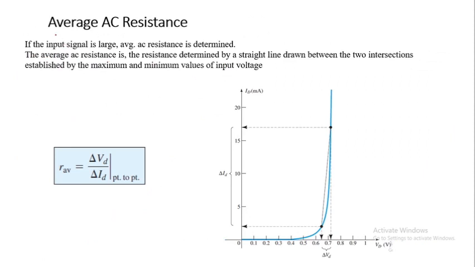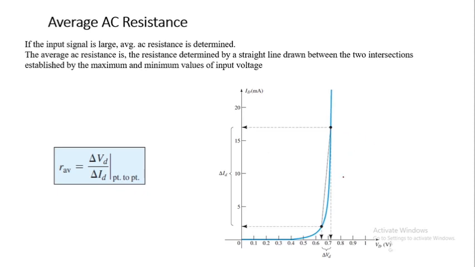Now the third resistance level is average AC resistance. If the input signal is too large, we need to find average AC resistance. Average AC resistance is the resistance determined by the straight line drawn between two intersections established by the maximum and minimum values of input voltage.